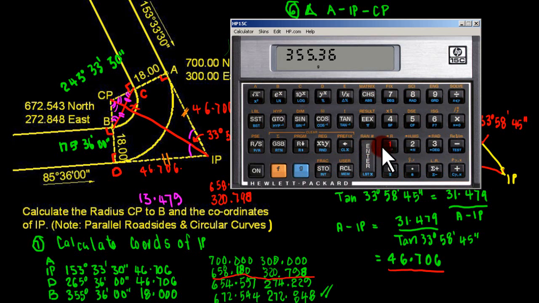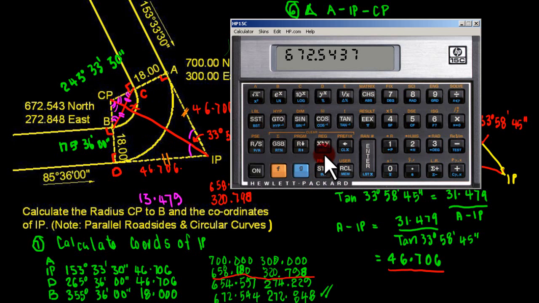So on the last leg now, 355.36 to hours, 18 to rectangular, sigma plus, recall sigma plus, 672.544, which is 1 mil out in the northing.